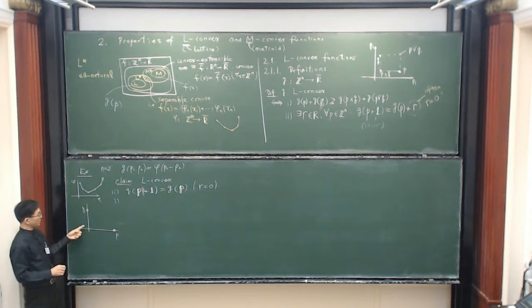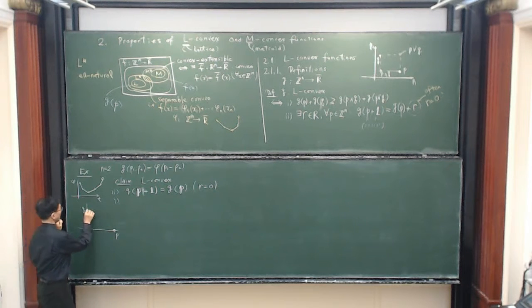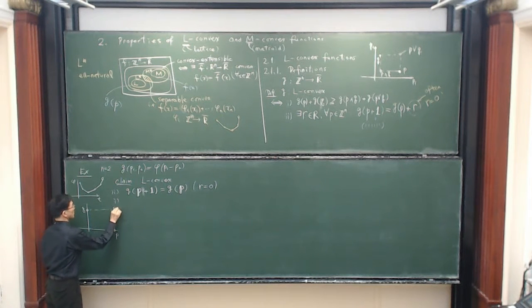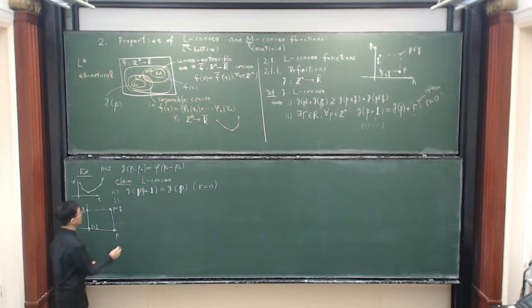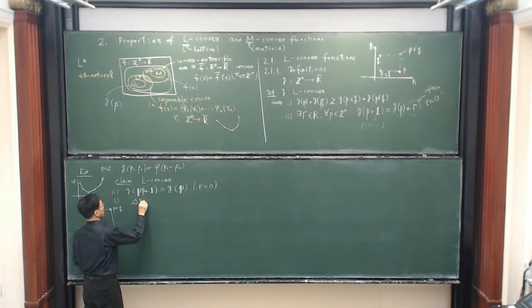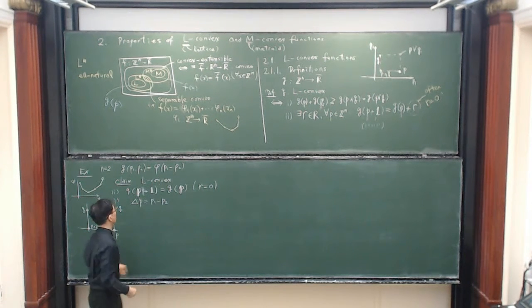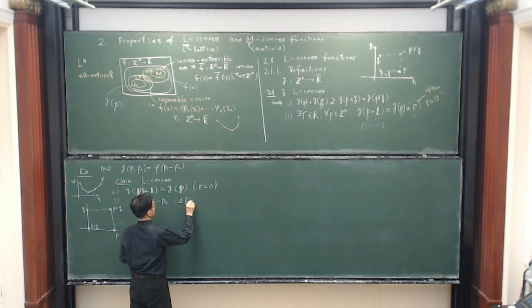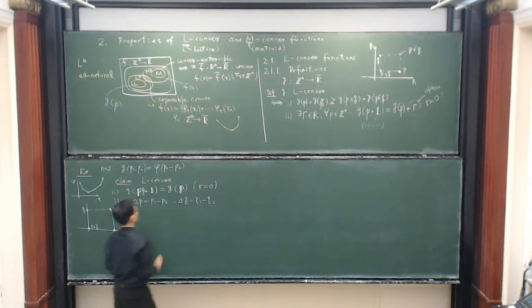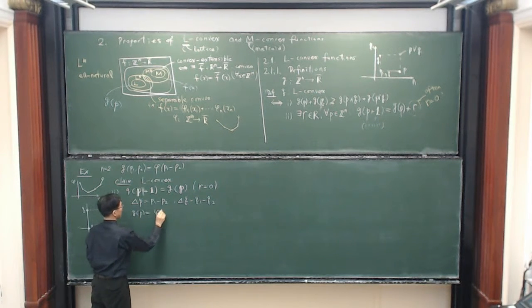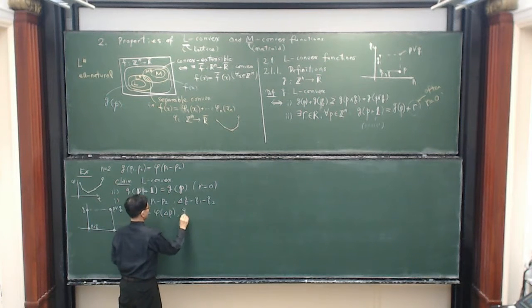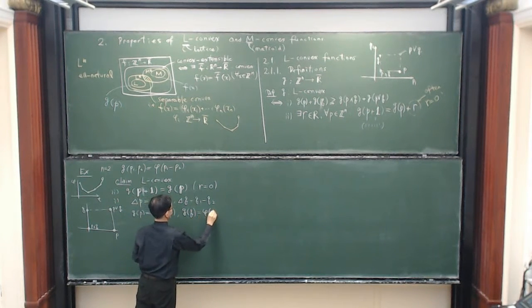So we only have to consider such a case. We introduce a notation: delta P is P1 minus P2, just to simplify notation, and naturally delta Q is Q1 minus Q2. So G of P in this notation is phi of delta P, and G of Q is phi of delta Q.